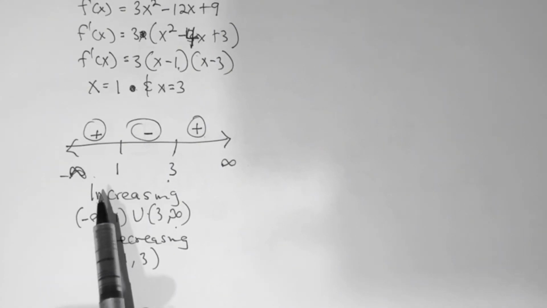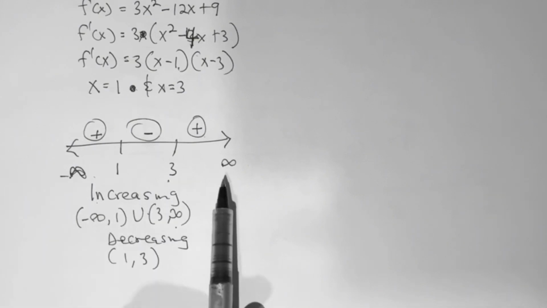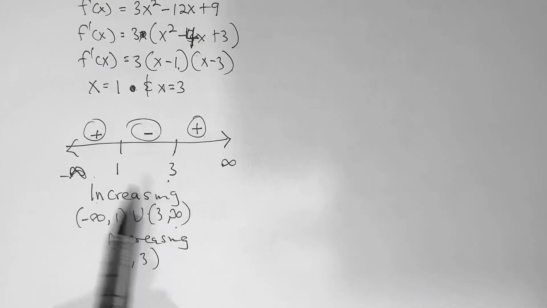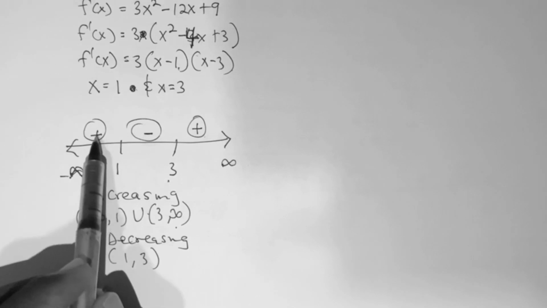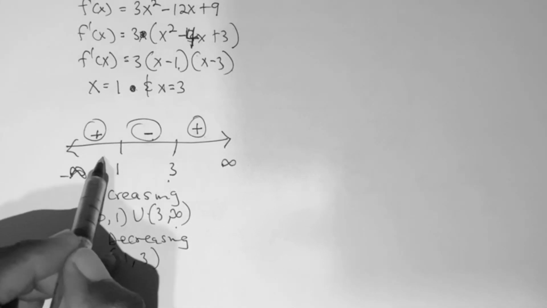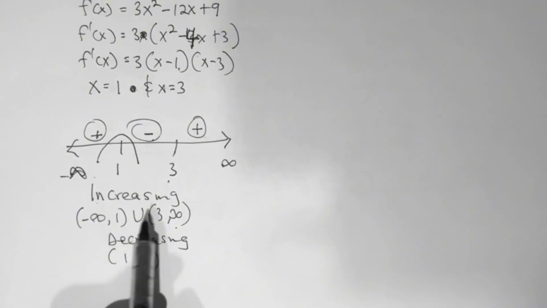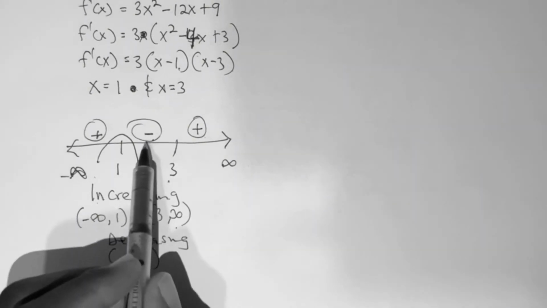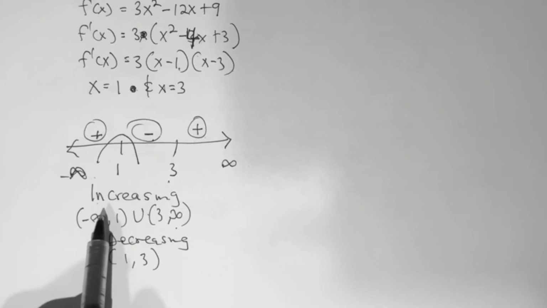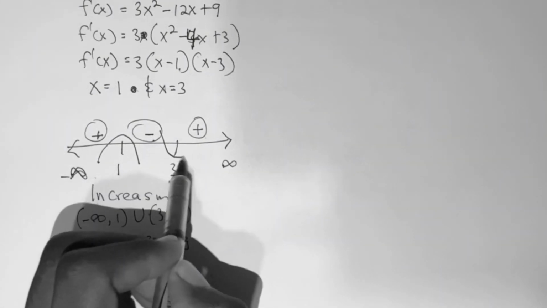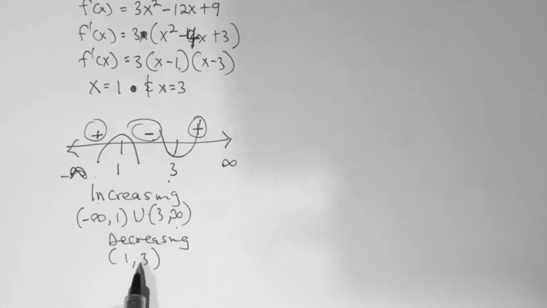Let's find whether it is either a local minimum or a local maximum. Now we are going from positive to negative, so at this point, x equals 1, we are having a local maximum. Then we are going from a negative to a positive, so at this point we are having a local minimum.